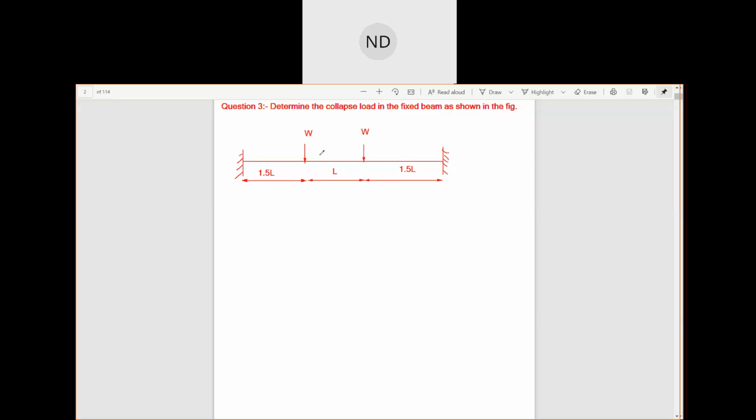So these two are fixed supports here. We have at a distance of 1.5 L this W, and another at a distance of L we have W.